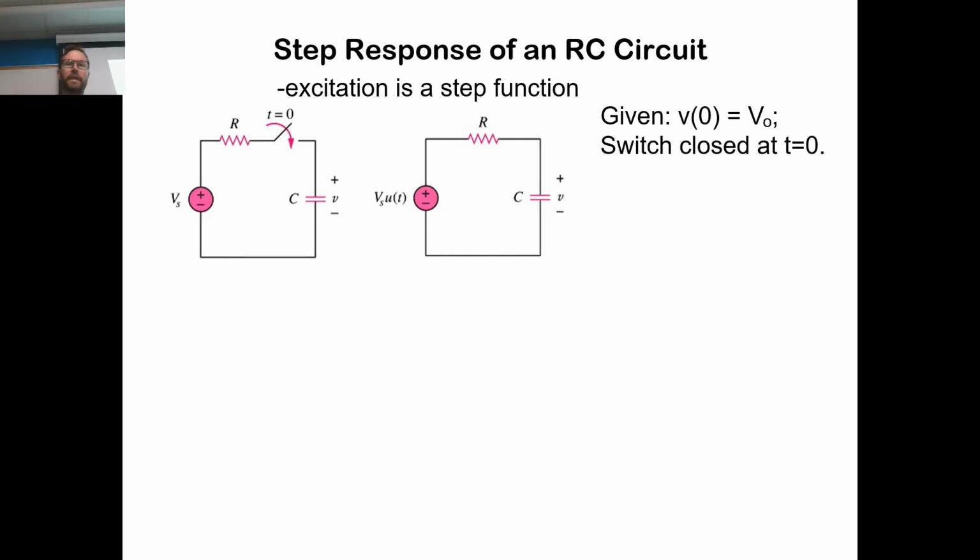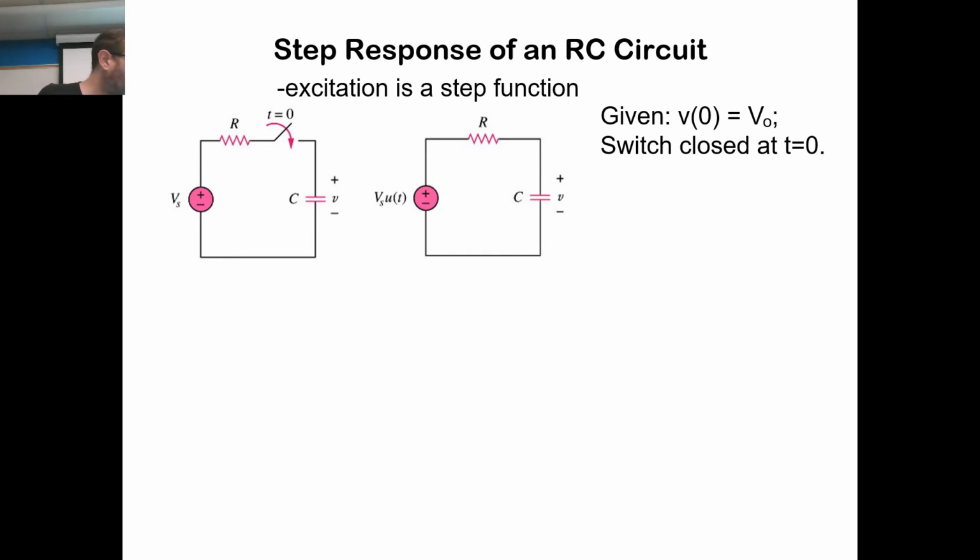Okay, so now we can talk about the step response of an RC circuit. The excitation is a step function, or something that turns on at some time. And we're going to kind of sort of derive the step response.